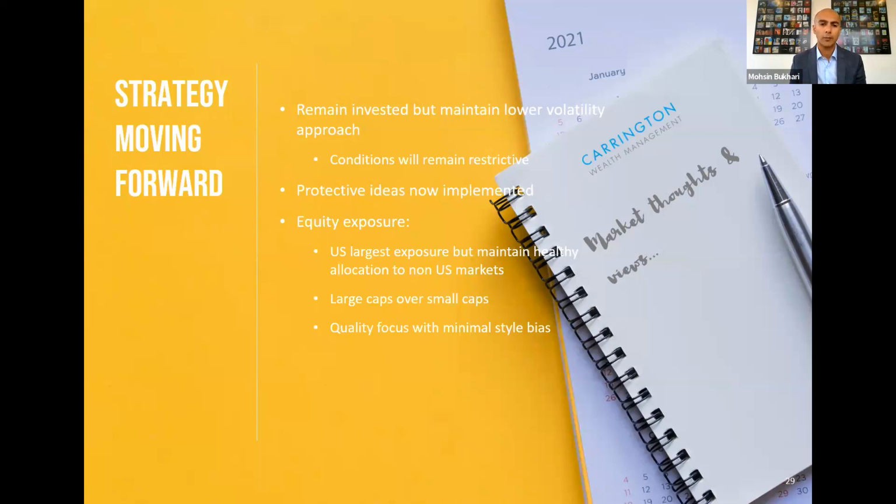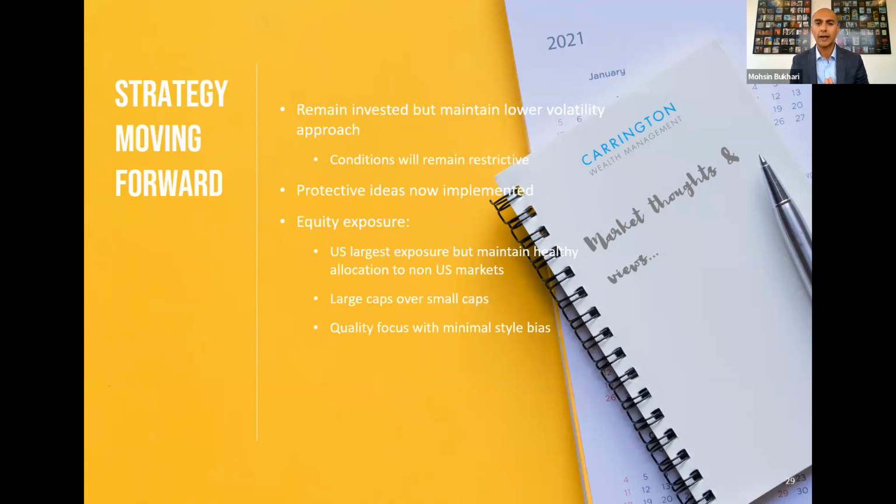So we've gone for large over small, and again, remaining with a quality focus. So ensuring that the companies we're investing in are high quality businesses that are much more likely to survive this environment than companies that are highly indebted, for example.